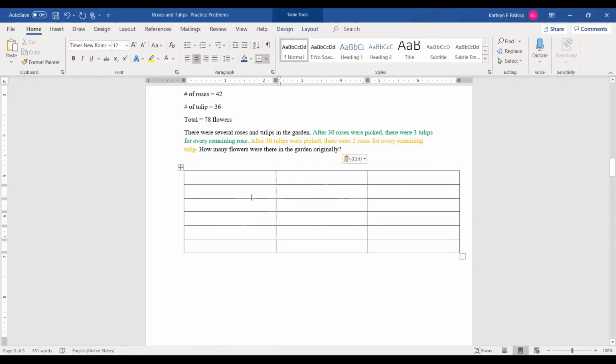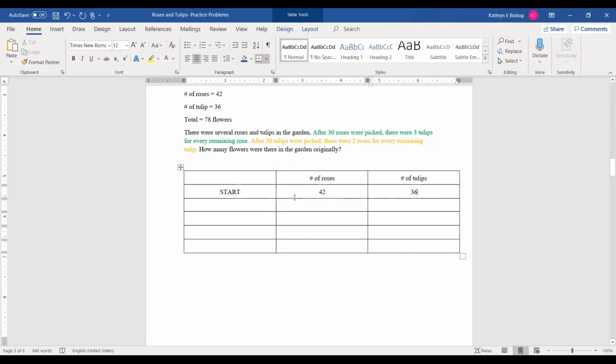So here I can say this column will be my number of roses. This column will be my number of tulips. From my answers, I said that we started with 42 roses and we started with 36 tulips.